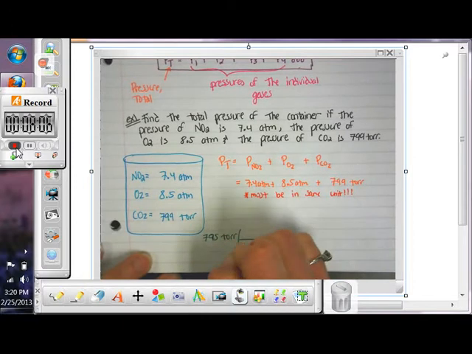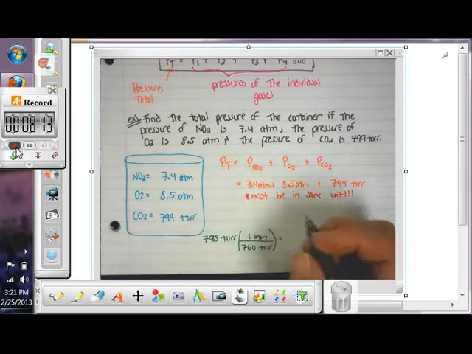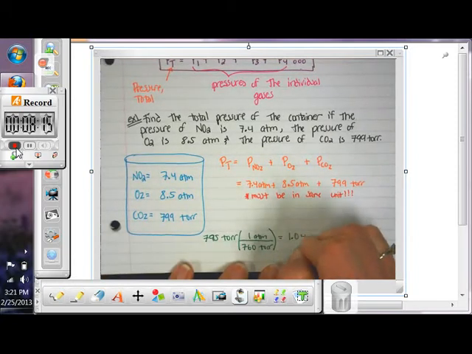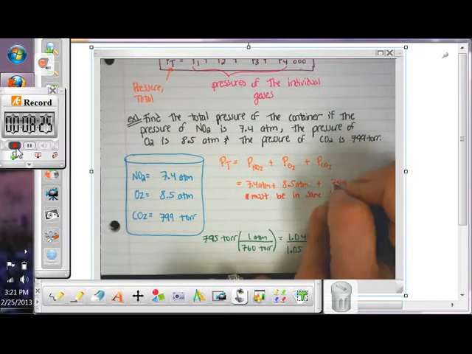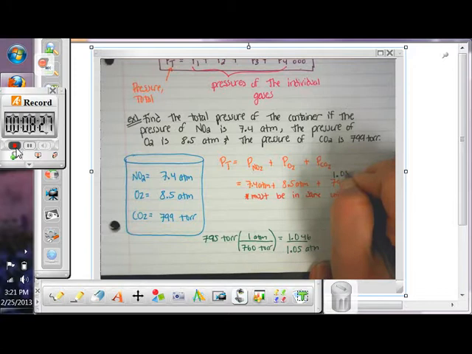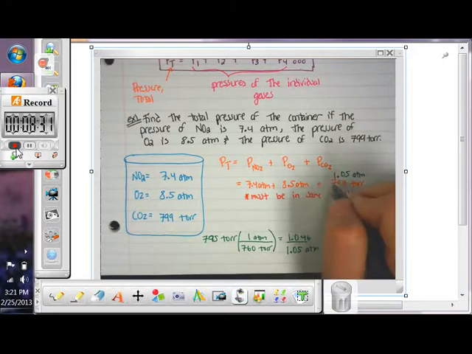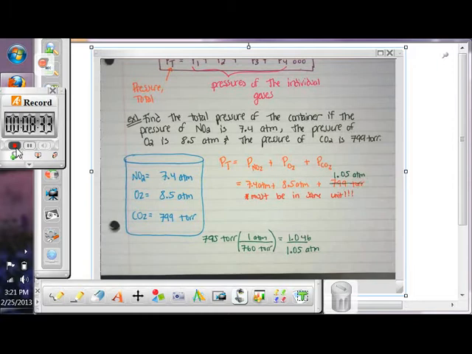I want to get rid of torr, so 760 torr for every 1 atm. With correct sig figs, 3 sig figs, it becomes 1.05 atm. So instead of 799, I'm just going to say it's 1.05 atmospheres. Just cross that out.